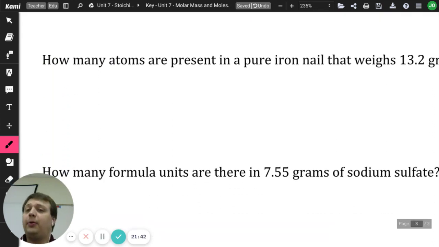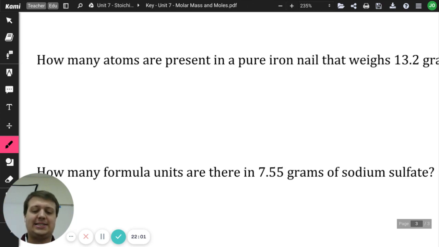Okay, so for this next problem, we're going to take it one step further. Up to now, we've essentially been converting from atoms into moles, or from moles into mass, or the other way around, right? But we haven't done a combination of the two.